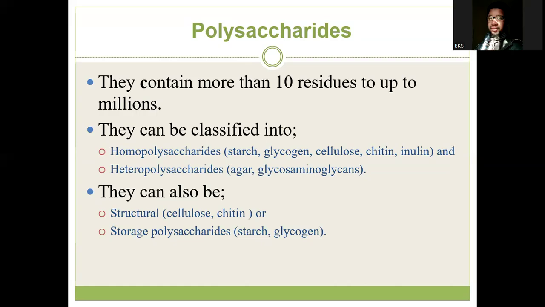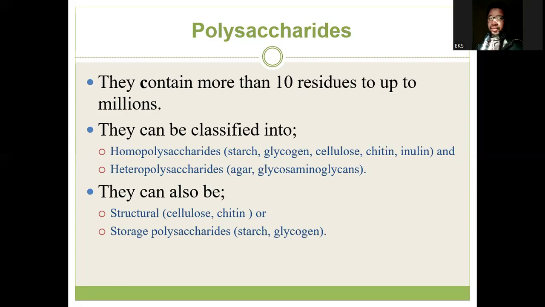When you have the same sugar molecule linked together to form a polysaccharide, for example, many up to millions of glucose linked together, that gives what we call homopolysaccharide, the same sugar molecules. Examples of them are starch, glycogen, cellulose, chitin, and we will see the difference.